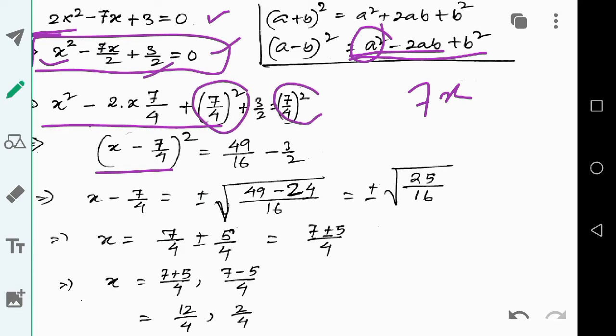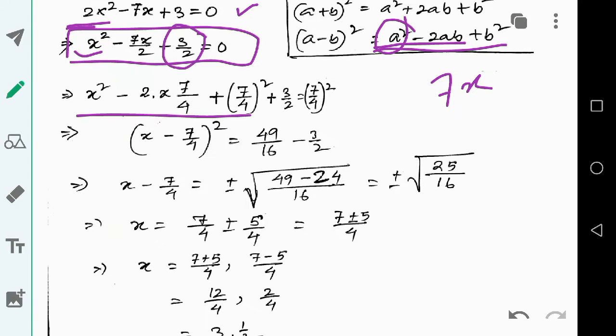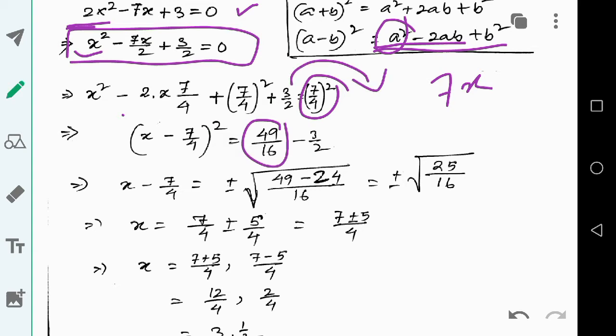Now hope you understood. This term is written at the end, as it doesn't fit in this form, on the left hand side. Now here you see 7 by 4 whole square is 49 by 16, and 3 by 2 is transferred to the other side, minus 3 by 2.